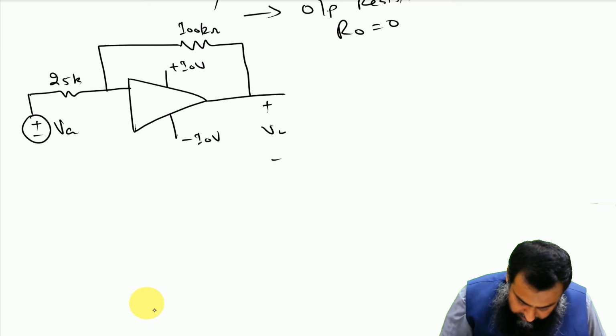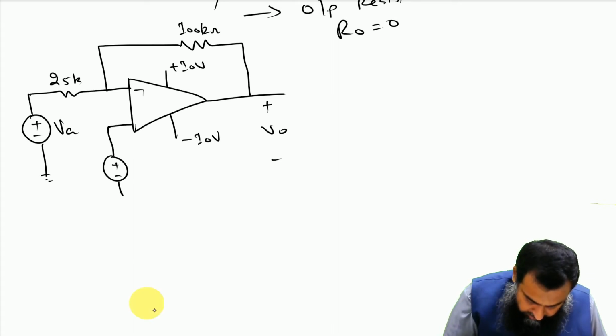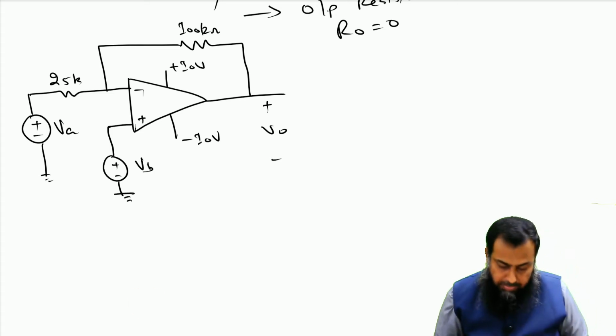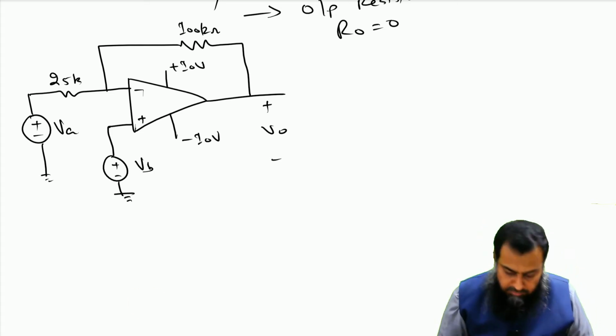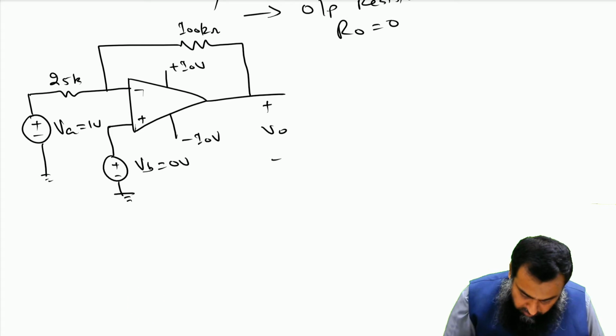That is, this is our V naught. This is the negative input, this is the plus input, this is VB, and that is grounded. Assume that, let us have some values for this VA and VB. Let us say that VA is equal to 1 volt and VB is equal to 0 volt.